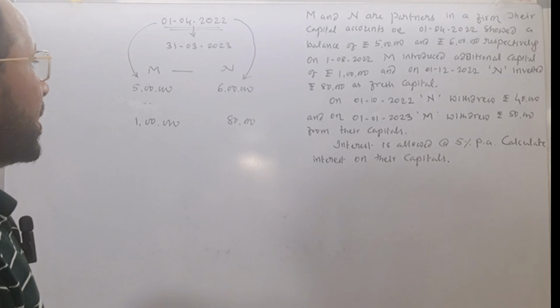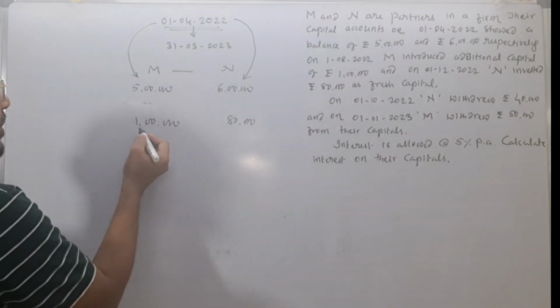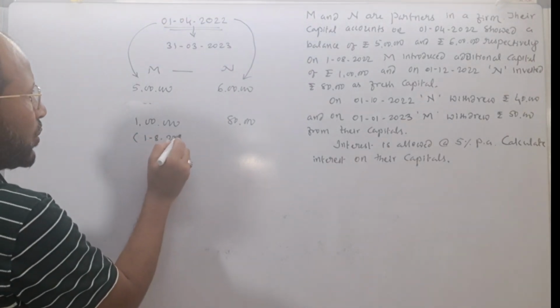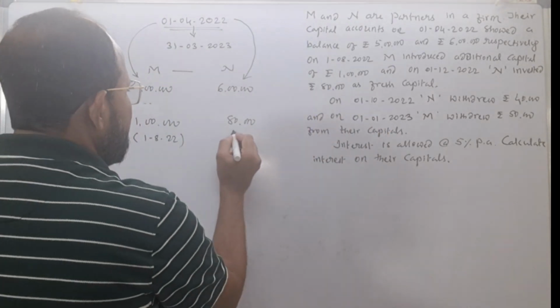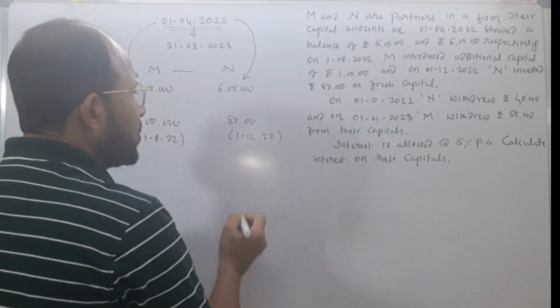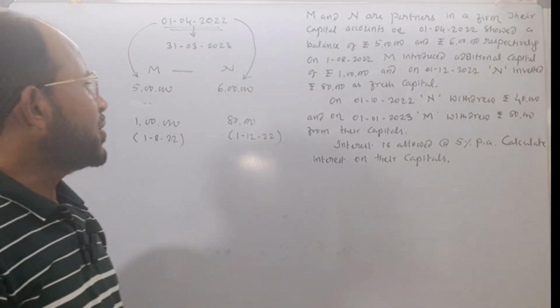Rupees 80,000. But the date of investment is different. Mr. M introduced this additional capital on 1st August 2022 and N introduced rupees 80,000 as his additional capital on 1st December 2022. Okay, next you go through.